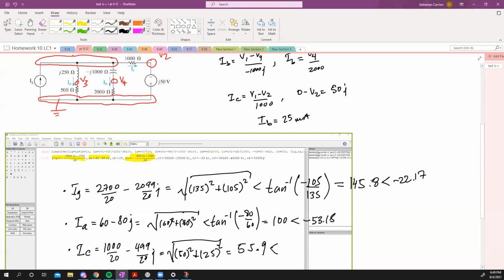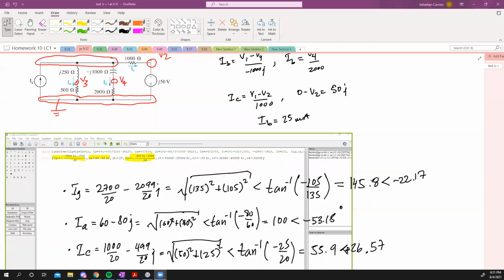Oops, I forgot to put the angle. It's the inverse tangent of negative 25 over 50. So we get 55.9 with a phase of, let's see, negative 26.57, I believe. No, it's positive. Yeah.